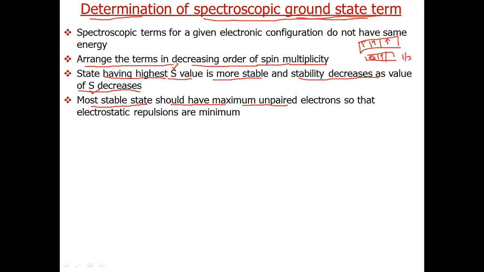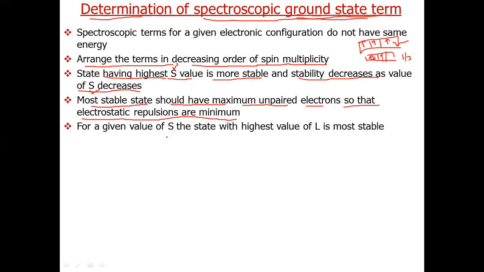As the number of unpaired electrons is more, S value is also high. So the most stable state should have maximum unpaired electrons so that electrostatic repulsions are minimum. If these are minimum, the state will be stable because repulsions increase energy and the system becomes unstable.